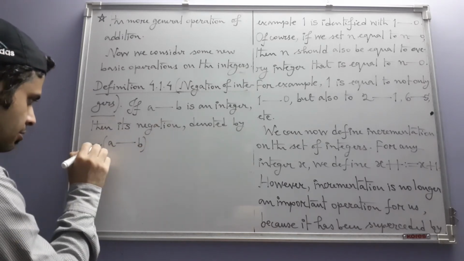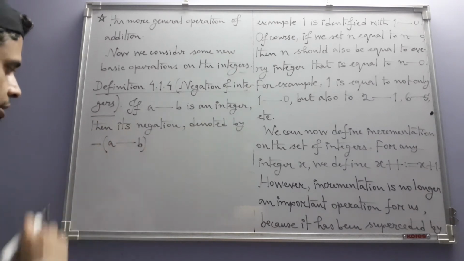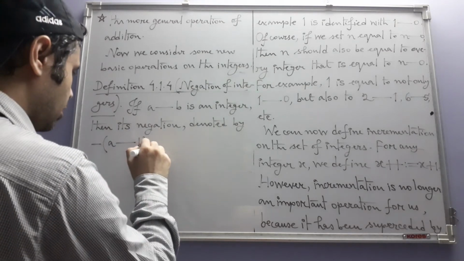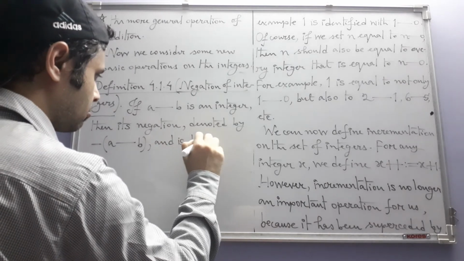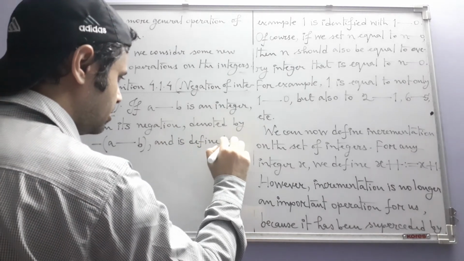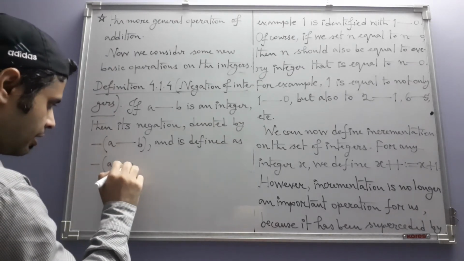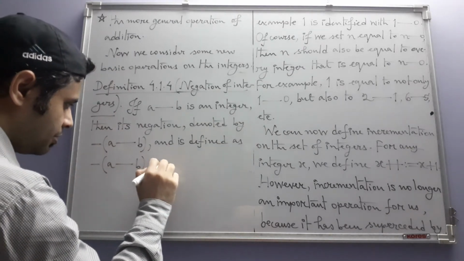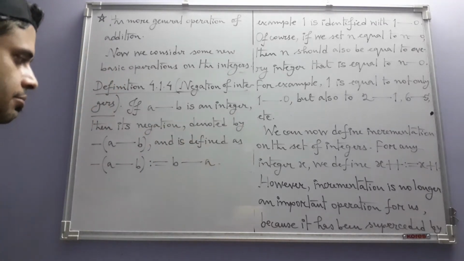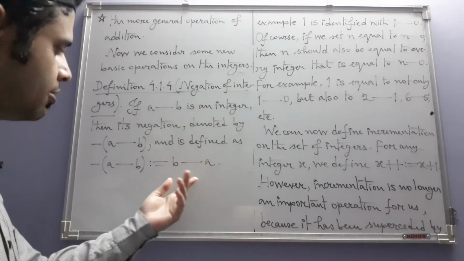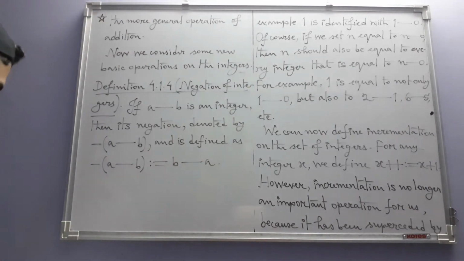Keep in mind that this sign is minus, but this is our dash, the longer one, and is defined as this. Minus a—b by definition is b—a. Note that this is also an integer because a and b are still natural numbers and it's of that form.